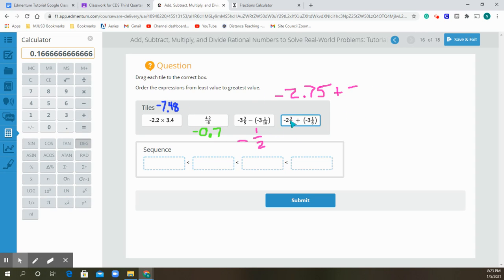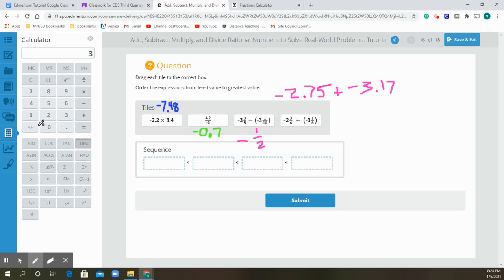So it's going to be about 3.17, but it's minus, okay?